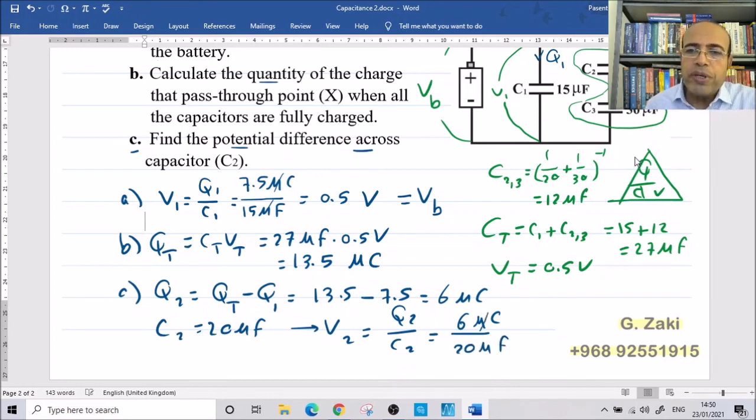The same way, we cancel micro with micro. Then it is 6 divided by 20, which is 0.3 coulomb per farad, which is volt. So V2 equals 0.3 volt. I hope you understand this lesson. Thank you.